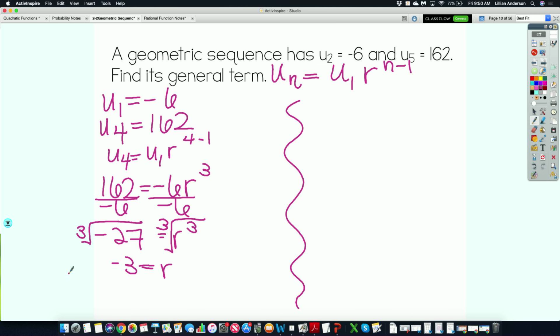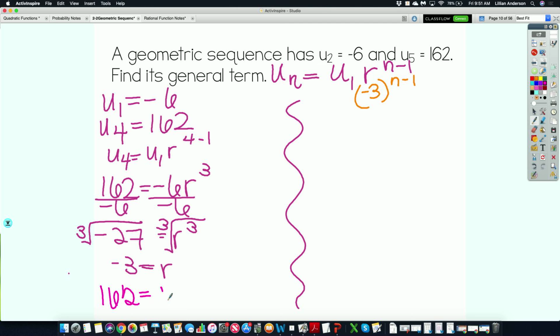Now that I have my common ratio, I'm almost done. I just have to find my first term. How do I find my first term? I'm just going to plug into the formula again, with 162 actually being U5 this time.